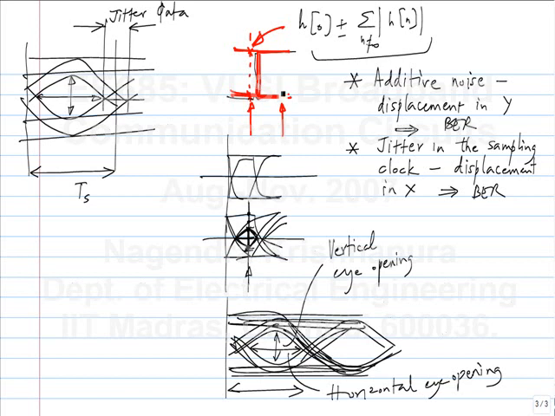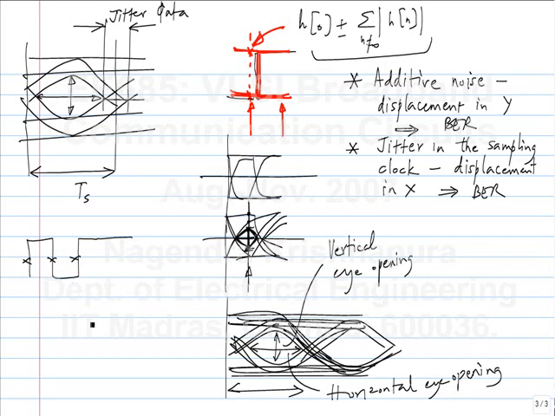So if you have an ideal rectangular pulse, then the zero crossings will always be at some integer multiple of ts. So maybe there are some transitions missing, but if there are transitions, there will always be at integer multiples of ts. But if you have intersymbol interference, this may not be true.